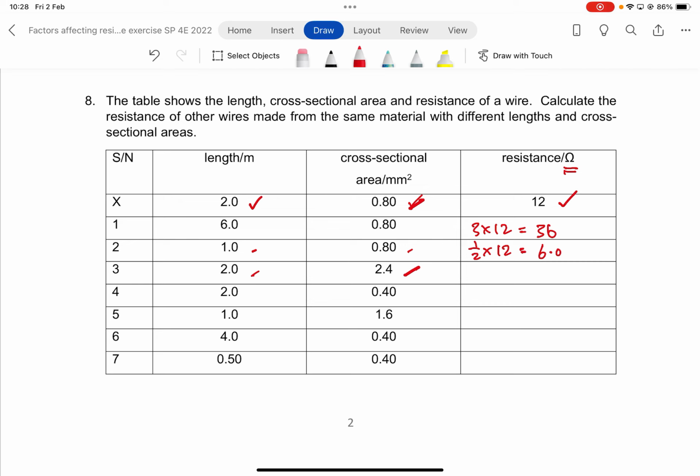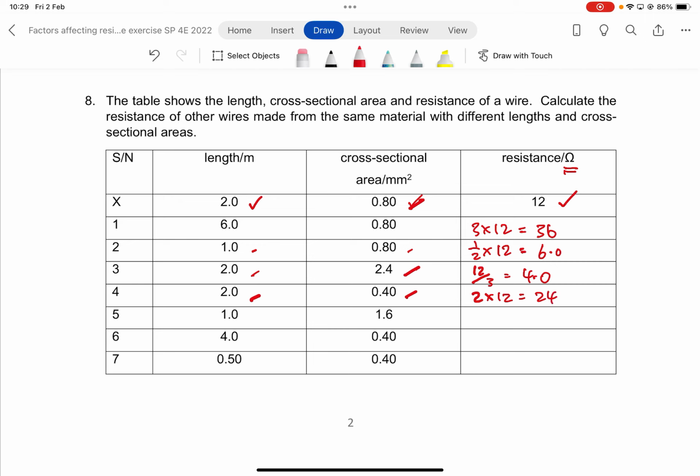So 12 over 3 will be 4.0 ohms. Next, length is the same. Cross-sectional area is halved, so 1 over half is 2 times. So 2 times 12 is 24 ohms.